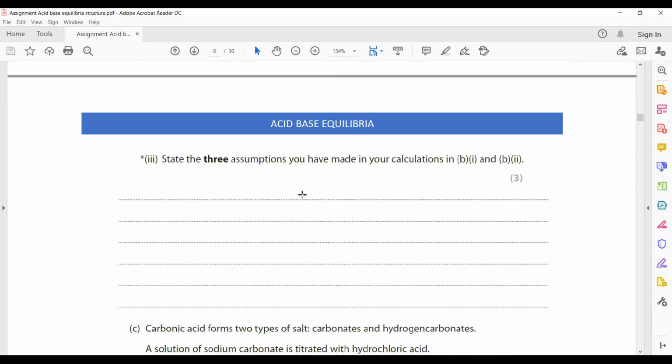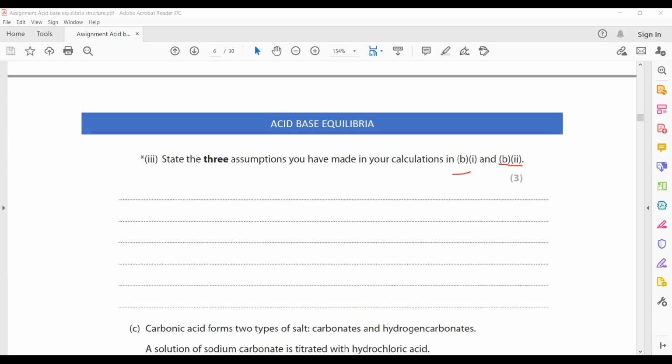The next part: state 3 assumptions you made in your calculation in B1 and B2. In the last question it was 2 assumptions. Now they're asking for 3 assumptions. So what is our assumption?